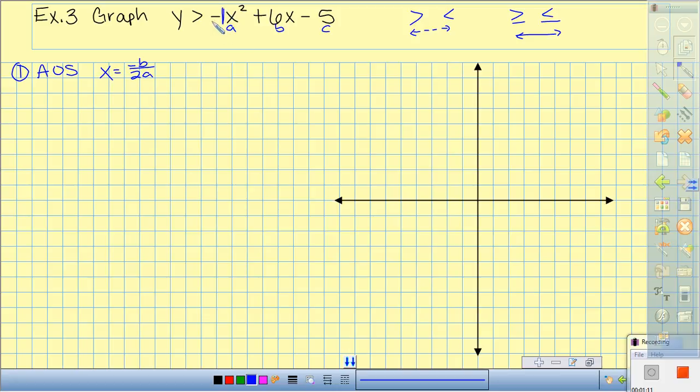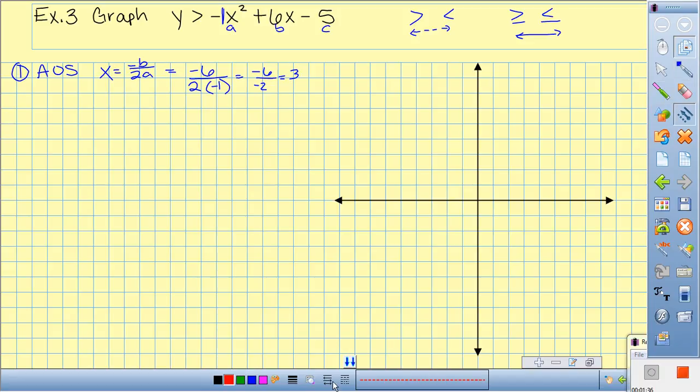So if I put that there, now I know my a is a negative 1. And then I'll just plug in my numbers. Negative b, the opposite of b, so negative 6 divided by 2 times a, which is negative 1. So that's negative 6 divided by 2 times negative 1, which is negative 2, and then we simplify to positive 3. So that means our axis of symmetry is that x is positive 3.